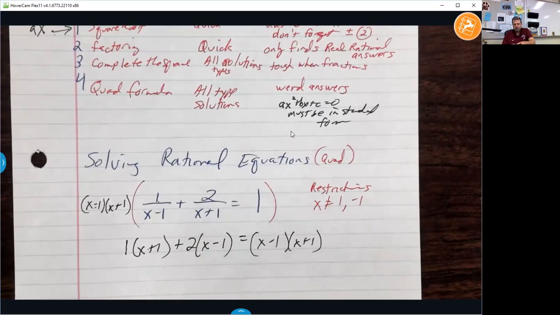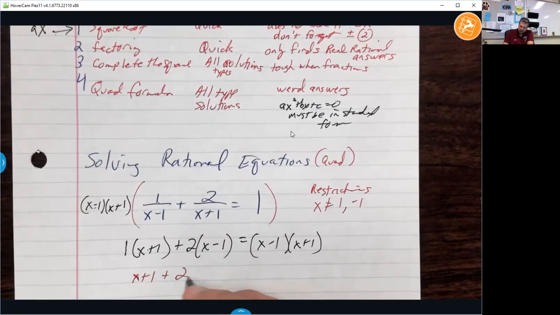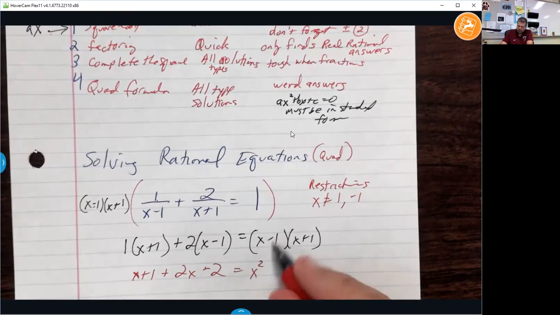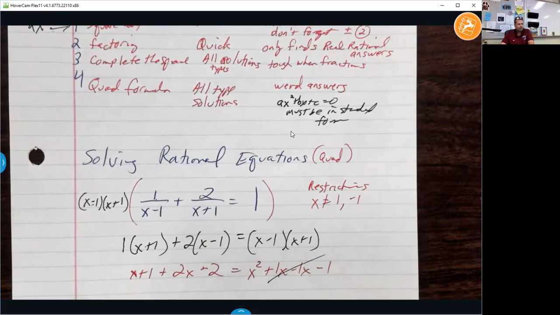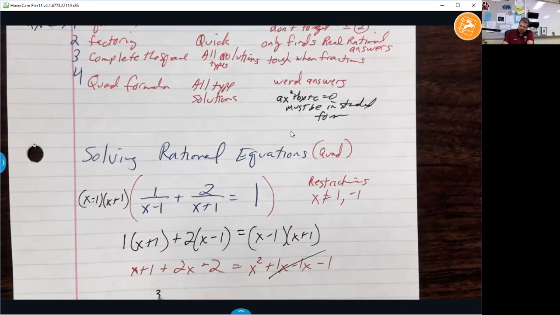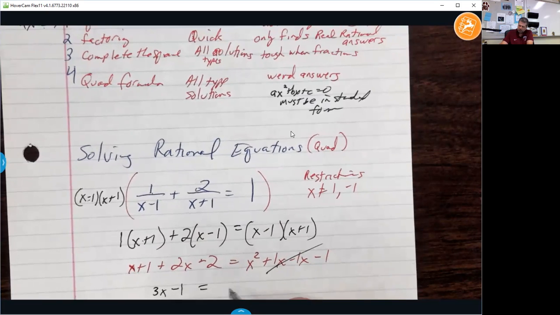All right, so we're going to do some distribution. x plus 1 plus 2x minus 2 is equal to x squared plus 1x minus 1x minus 1. Well, these right here are going to cancel. Combine like terms over here. I'm going to get 3x minus 1 is equal to x squared minus 1.